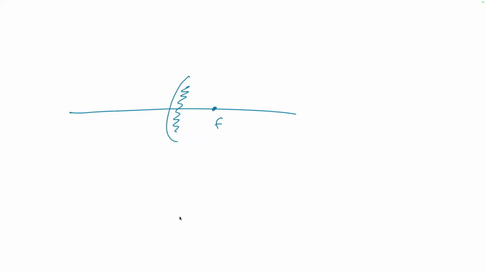So the object is always on the front side, the shiny side of a mirror, and if the focal length is on the same side as the object, you've got a positive focal length. If it's on the opposite side, then I'm going to have a negative focal length. For some reason I'm drawing these in reverse, I don't know why, but I am. So this is a positive focal length. This is a negative focal length.